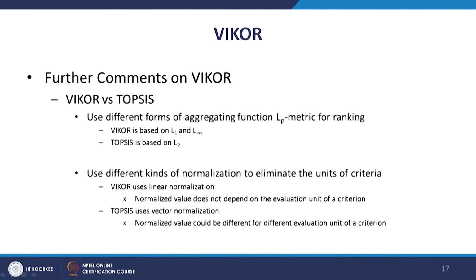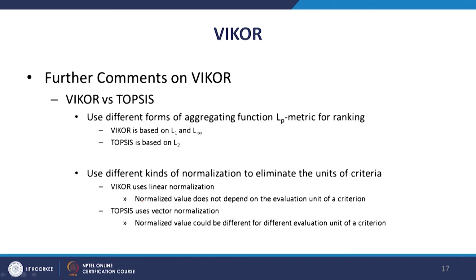Now, because of similarity in terms of procedure and in terms of the way they are categorized, we need to understand and compare these two techniques, VIKOR and TOPSIS. If we talk about the aggregating approach that is part of the procedures of these two techniques, the aggregating function is the same, based on the LP metric, but in different forms.